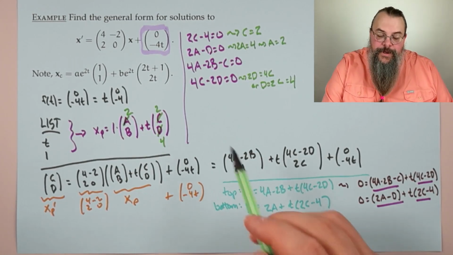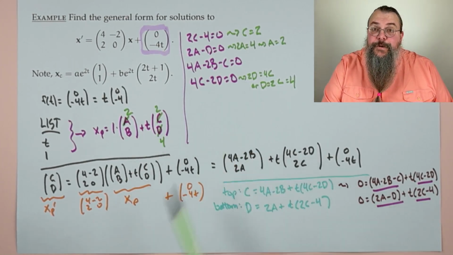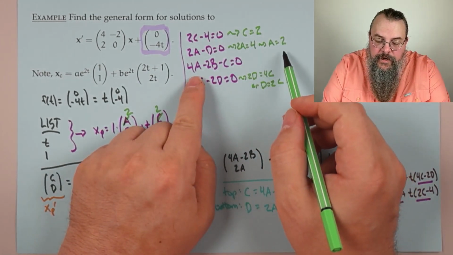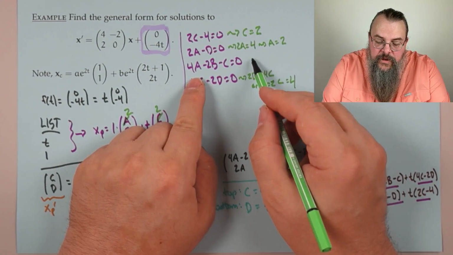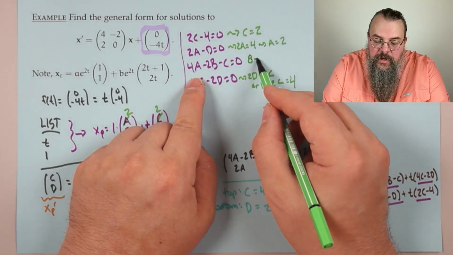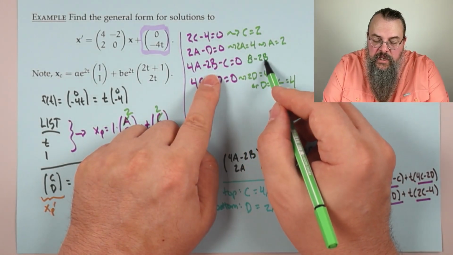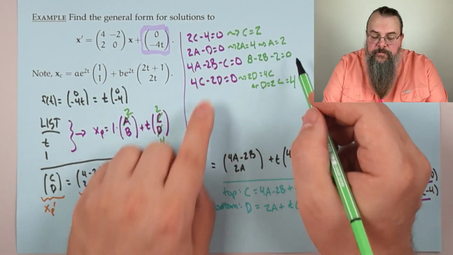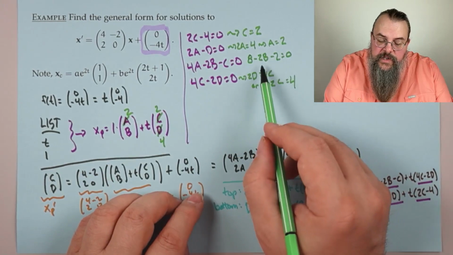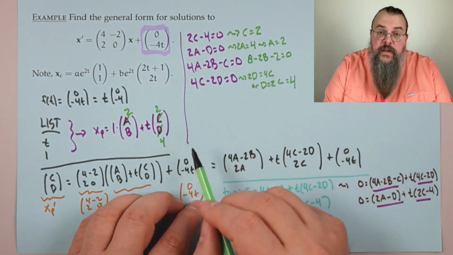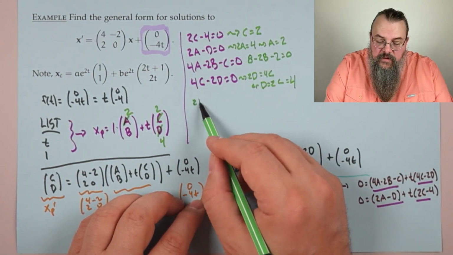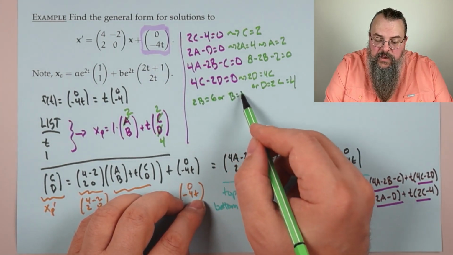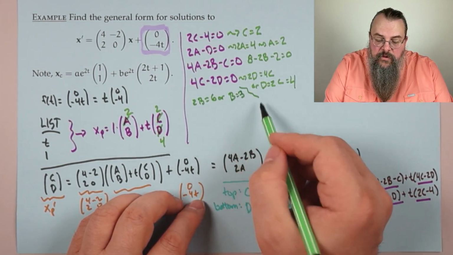Well, we don't know b, but we have one more equation. So here we go. 4a, a is 2, so that would be 8, minus 2b, and then minus c would be minus 2, equals 0. Now, if we rearrange that, that says that 2b is equal to 6, or that b is equal to 3. All right, great.